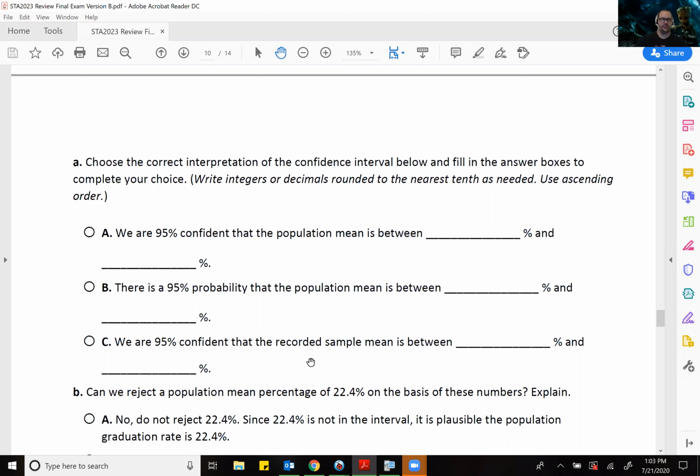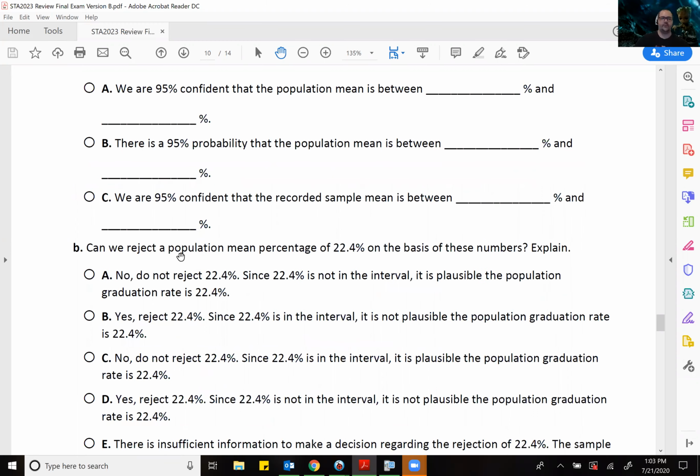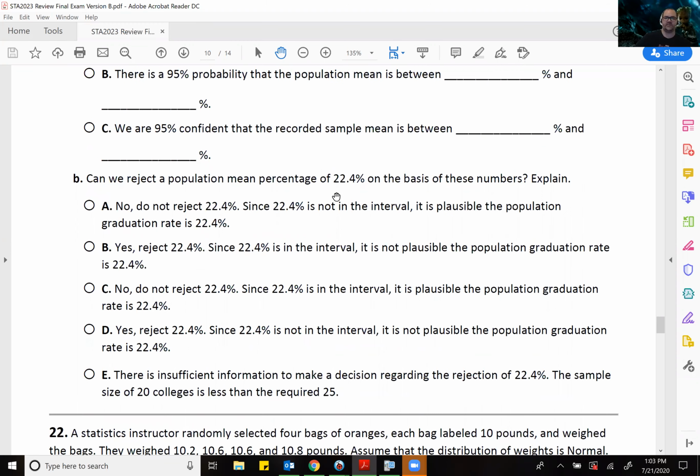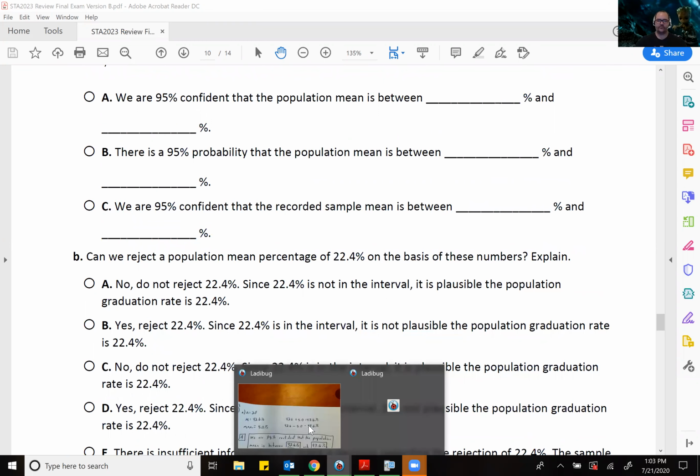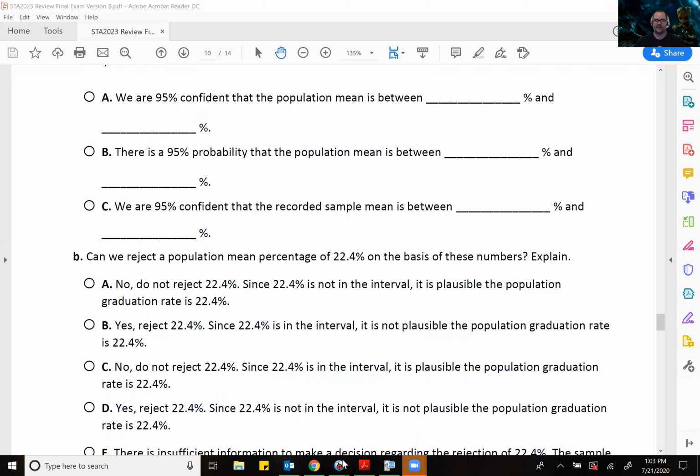So just doing a little bit of interpreting. Can we reject a population mean percentage of 22.4? So the question is, does 22.4 fall within that range that we had up here? Okay. So again, that was 22.4%. We jump back to this.